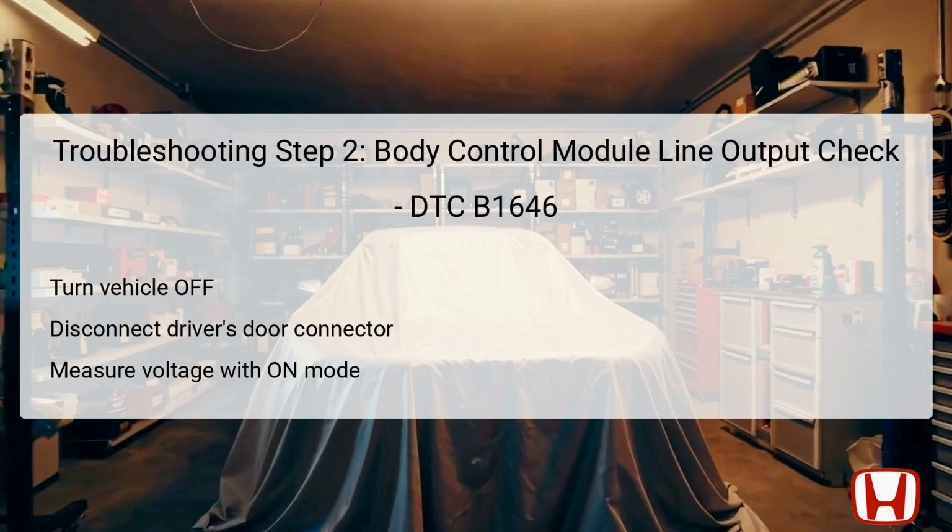Test point 1 is represented by female terminal number 2, while test point 2 is terminal number 6. If voltage is present between these test points, it indicates that the LF antenna itself may be faulty, necessitating the replacement of the driver's door outer handle. If not, this leads us to the next troubleshooting step.